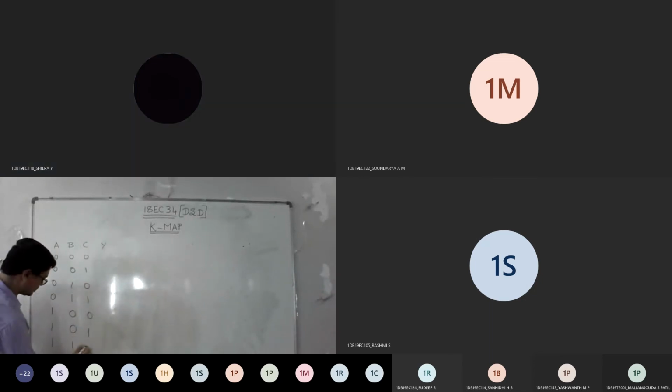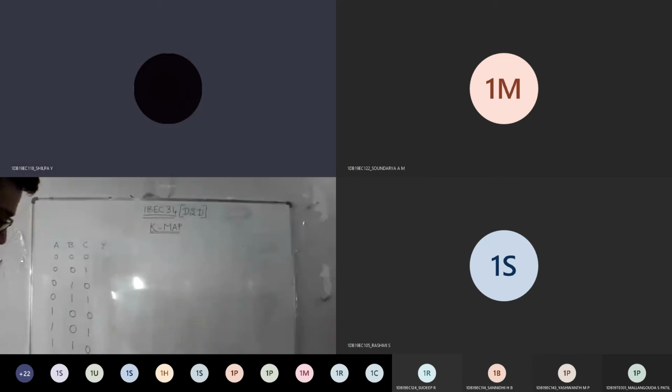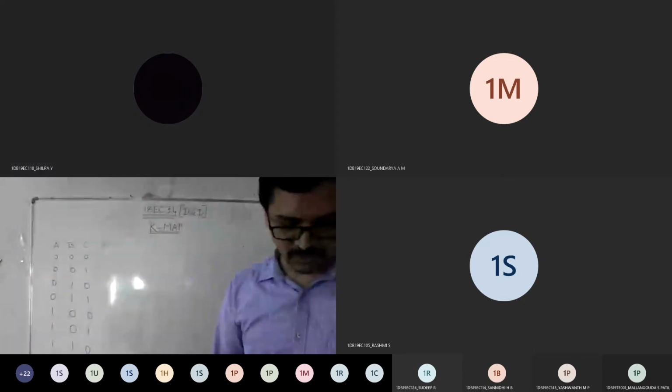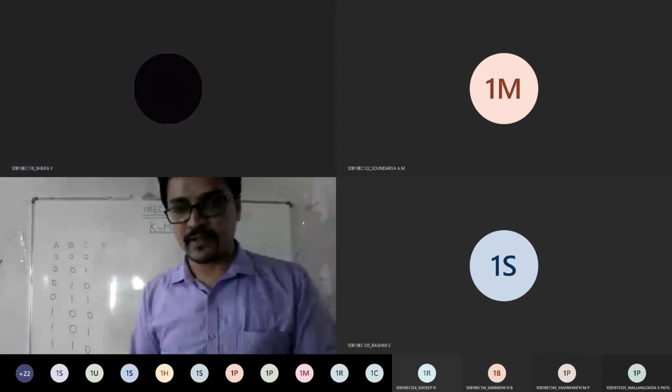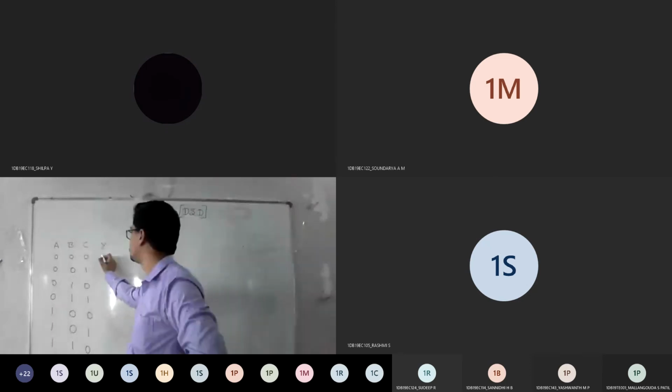So let me fill the truth table. Is it visible completely? Okay. So fill this. I will tell for what inputs they have given output as 1. So for 0 it is 1.